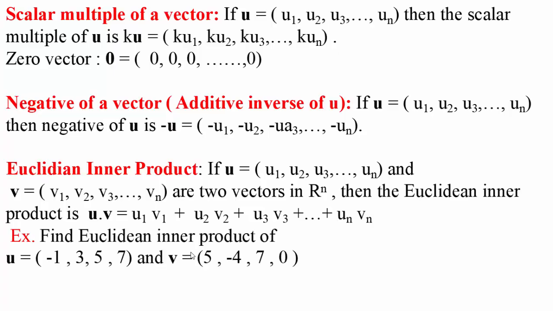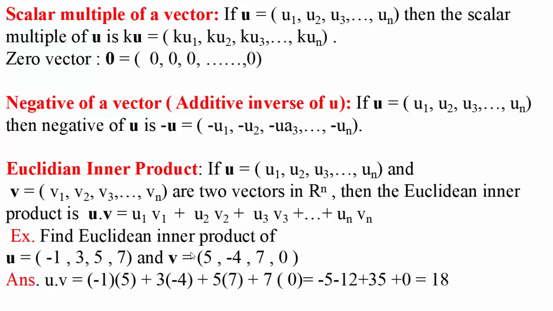Example: find the Euclidean inner product of vector u equal to -1, 3, 5, 7 and vector v equal to 5, -4, -7, 0. Both are vectors in four-dimensional space.